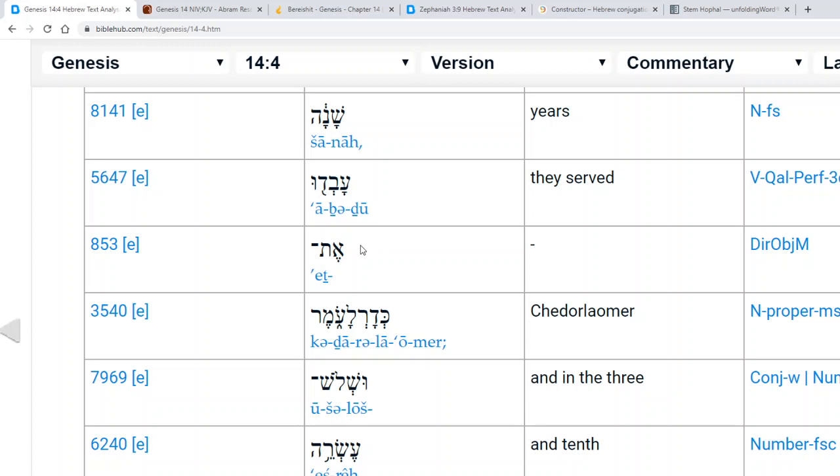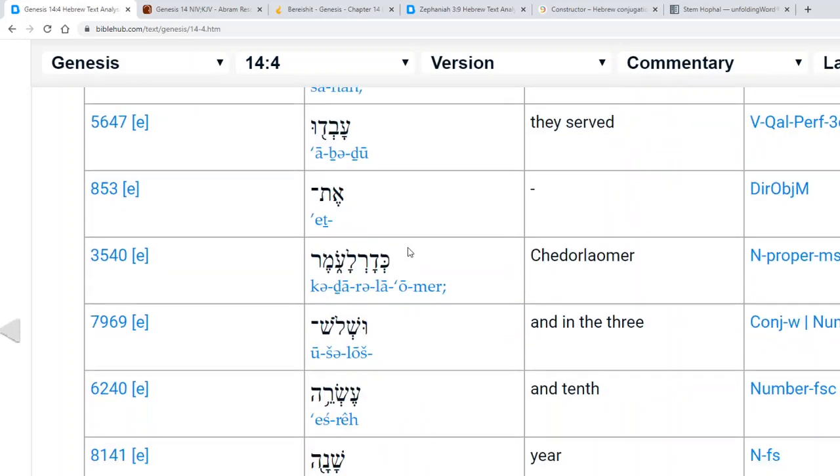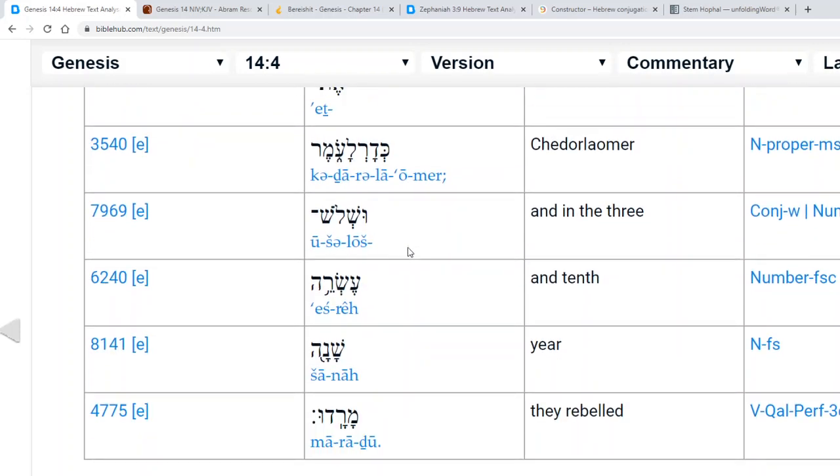Shana avdu et Kedar Laomer. So this is the direct object marker, and Kedar Laomer is his name. So for 12 years, they served him. Ushlosh esre. And so the conjunctive of shalosh means 3. Shlosh esre is 13. Shana, so 13 years. Maradu. The root here is mem resh daled, and it's in the Kal perfect, third person collective plural.